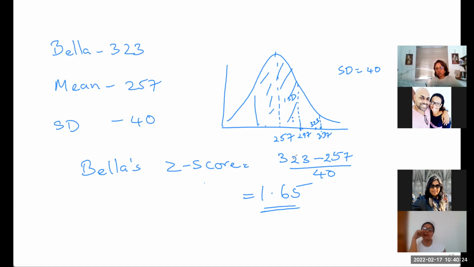Her Z score is 1.65. So in cognitive function, she's placed quite a bit above average.